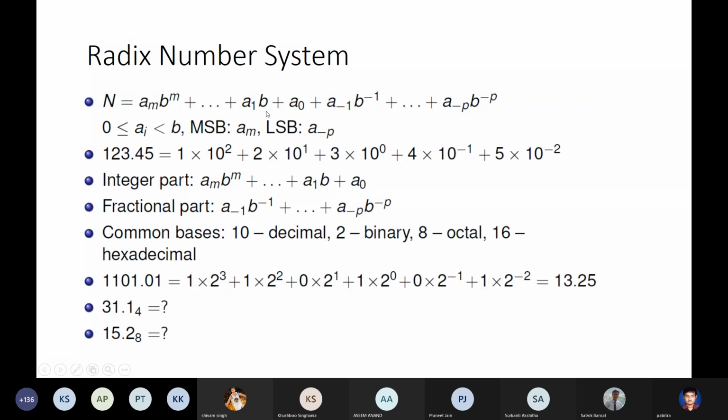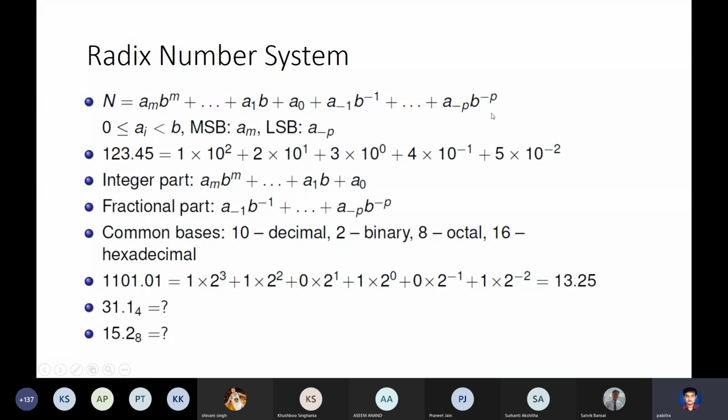And as you go to the right of the decimal place, you have b to the power minus 1, b to the power minus 2 up to b to the power minus p. So b to the power m is the most significant position because it has the highest weight, and b to the power minus p is the least significant position because it has the lowest weight.